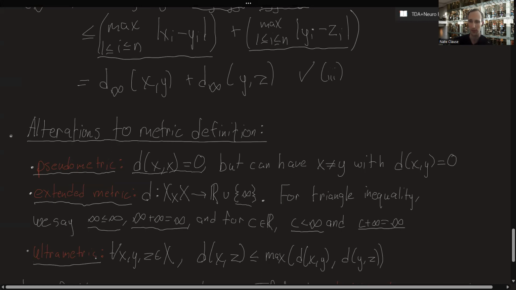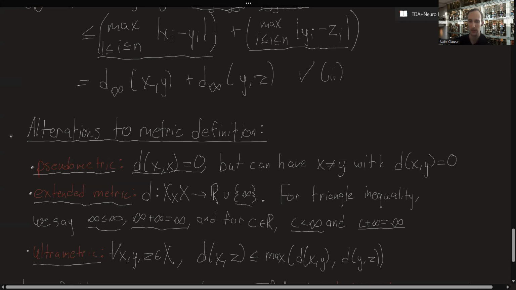So in an ultrametric space, conditions 1 and 2 for a metric space are satisfied, but the triangle inequality is replaced by the following inequality.